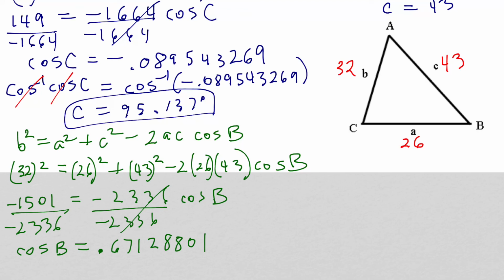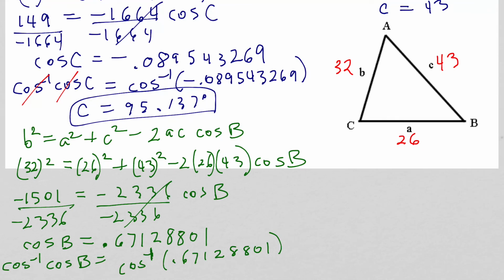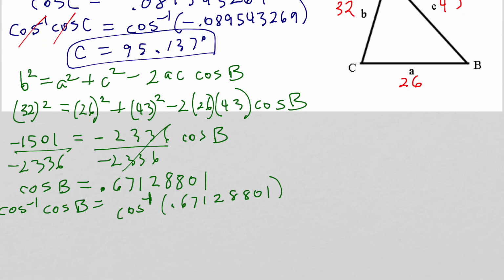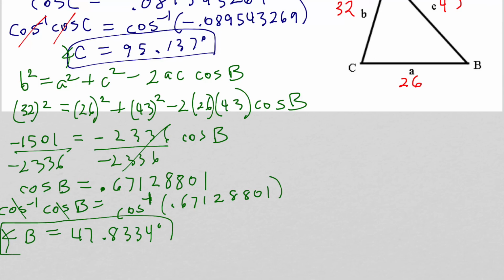Now I take the inverse cosine of both sides, and I get my angle B equal to 47.8334 degrees. Let's put that in our chart.